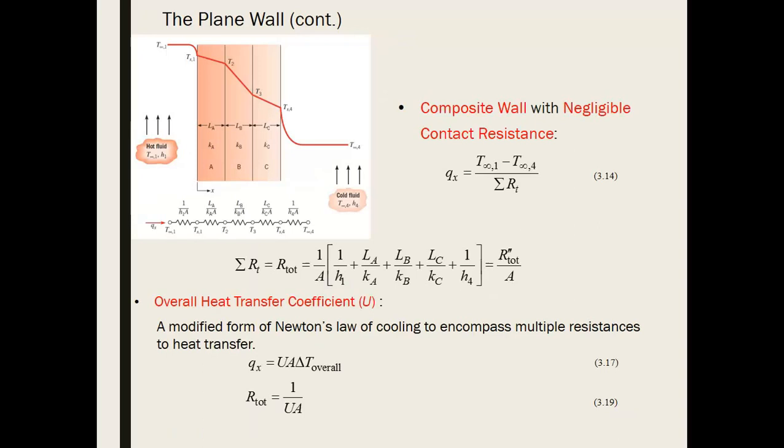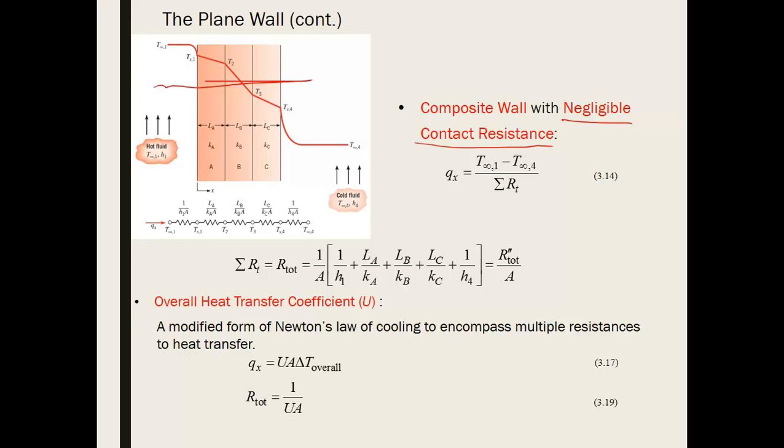So in some cases, when you have negligible contact resistance, meaning that you have solid materials in very firm contact with each other, you can have instances where heat is going through multiple layers, more than two, more than three.